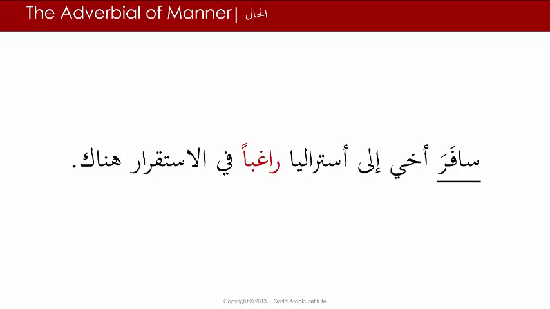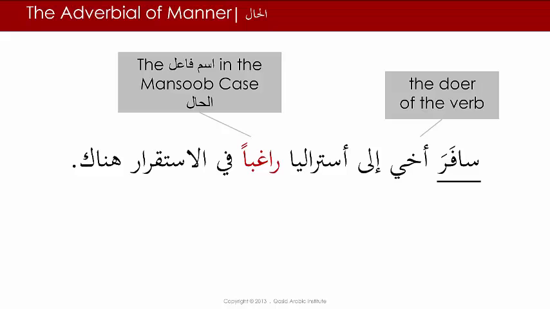Here we have another example, but in the masculine, we have safara is our verb. He traveled. Akhi is my brother and is the doer of the verb. Safara akhi, my brother traveled. إلى أستراليا, to Australia. راغبا في الاستقرار هناك. And so راغبا is our hal.